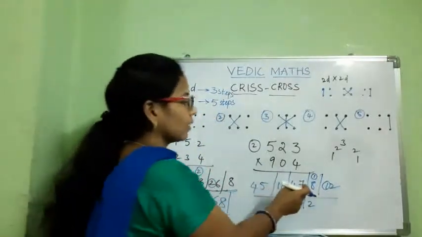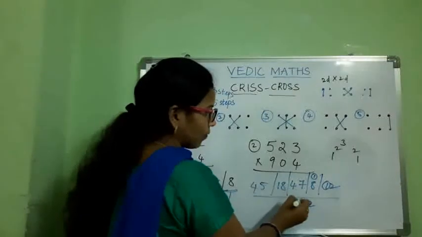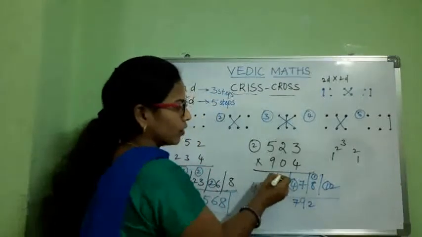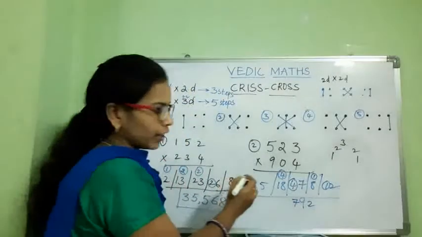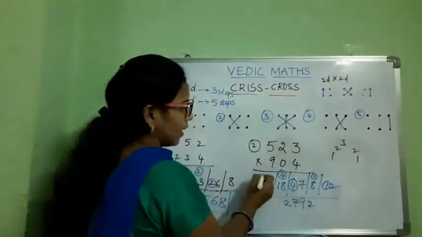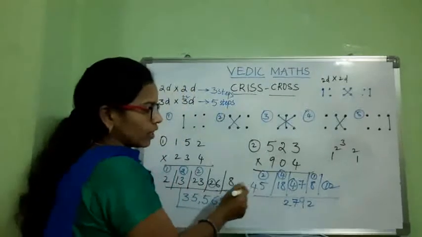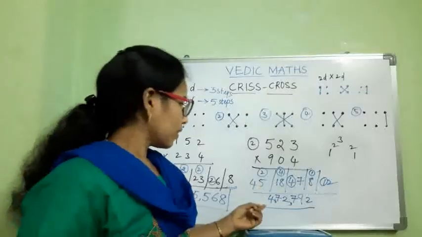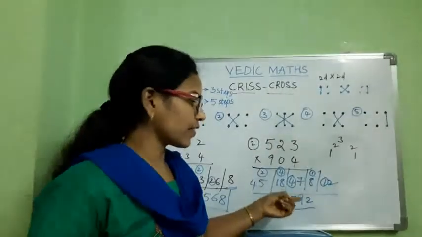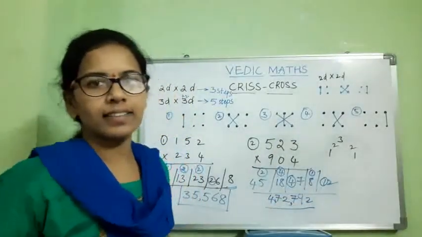No. Then write this 7 down, and this 4 will be carried over to the next column, and 18 plus 4, 22. 2 down and 2 carry over to the next column. 45 plus 2, 47. 4,72,792 is the answer here.